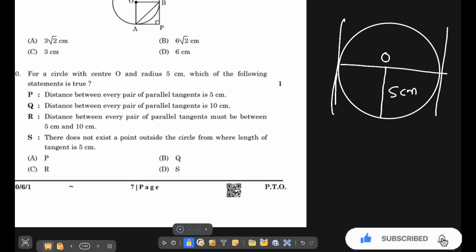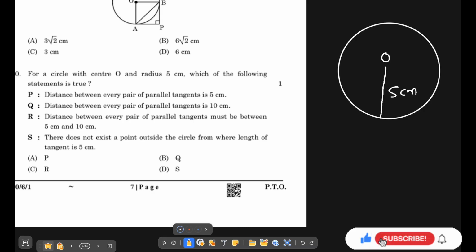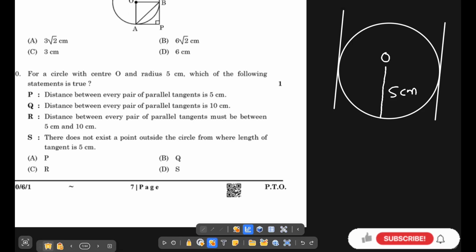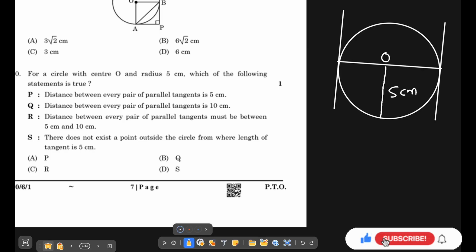It is 5 plus 5, which is 10 centimeters. So P is not the right answer.